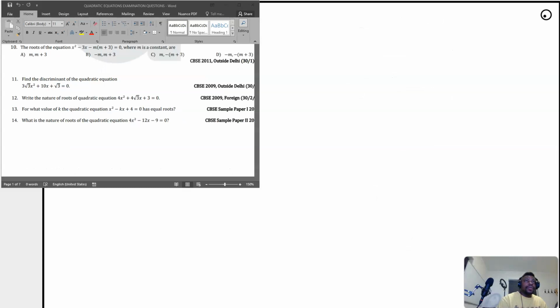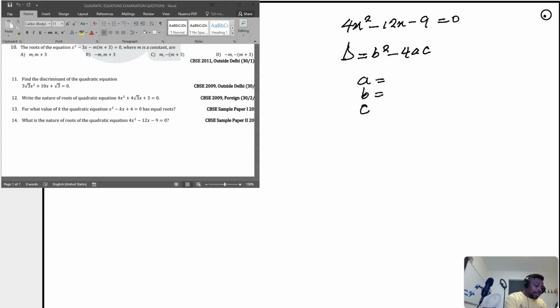The next question, what is the nature of the roots of the quadratic equation 4x squared minus 12x minus 9 is equal to 0? So here, remember, for you to get the nature of a particular root, we use discriminant. Okay, and discriminant is equal to b squared minus 4ac. So we need to get our a, our b, and our c.